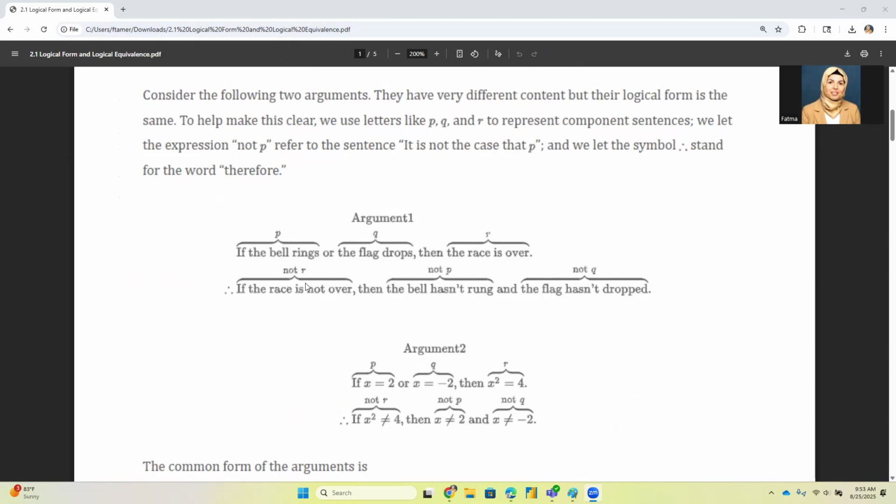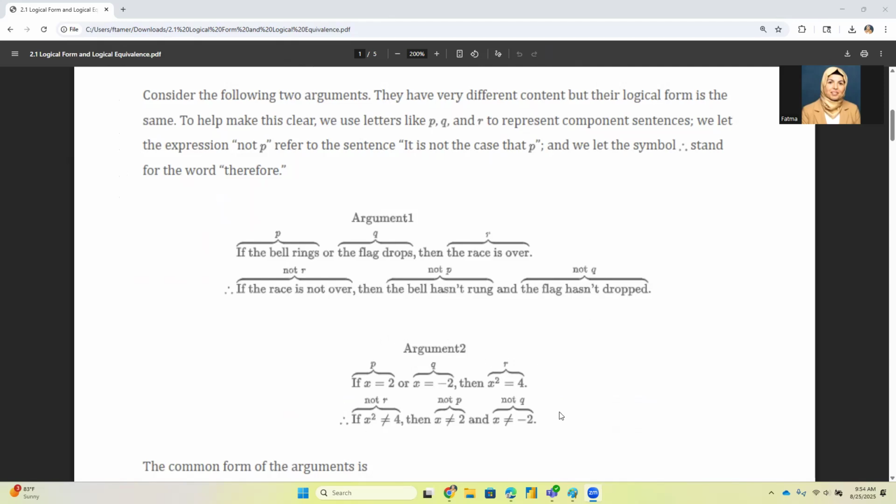We're going to start from the end. If the race is not over, then the bell hasn't rung and the flag hasn't dropped. That is, not R, then not P, not Q.